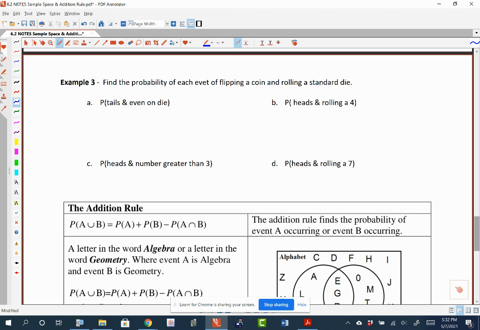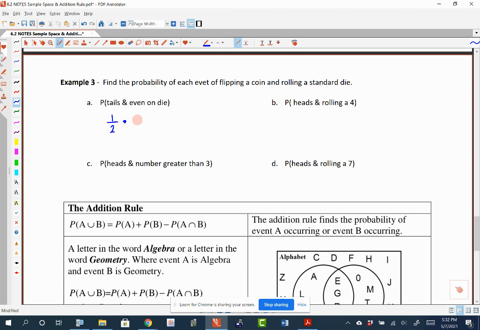Find the probability of each event of flipping a coin and rolling a standard die. So as we look at A, the probability of tails and an even on a die. Well, to get a tails, there's 1 out of 2 chances. There's 1 tail and there's a heads and a tails, so 2, times an even on a die.